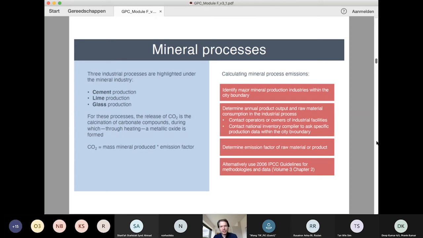So to calculate emissions, you would identify your big industries within your city boundary. You would determine annual product output and materials used by contacting the operators or national inventory compiler. You then determine emission factors, and if you can't determine those yourself, you would use IPCC to find those emission factors. So a fairly easy process.